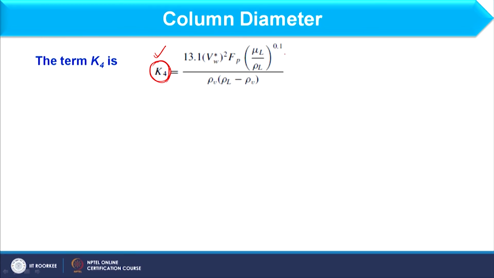And this expression you can use: 13.1 Vw star squared Fp, and this is the physical property, and here also we have the physical properties of liquid as well as gases. Now, in this case this K4 you can obtain from the graph.